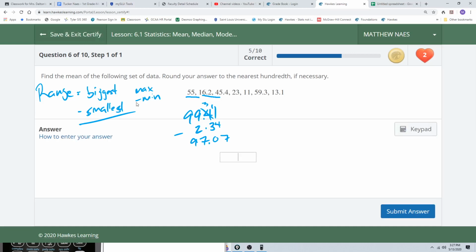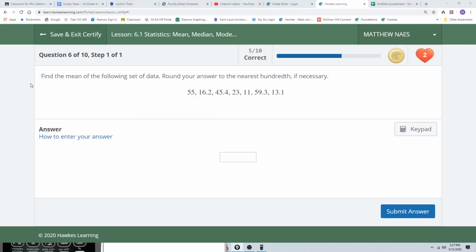I want to say that's pretty much every type of question. Find mean again: add them up, and divide by how many you have. So here we have 1, 2, 3, 4, 5, 6, 7 numbers. So add them up and divide by 7. I'm going to have to do that because I can't skip any of these.